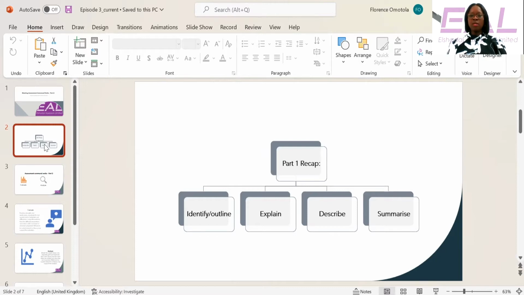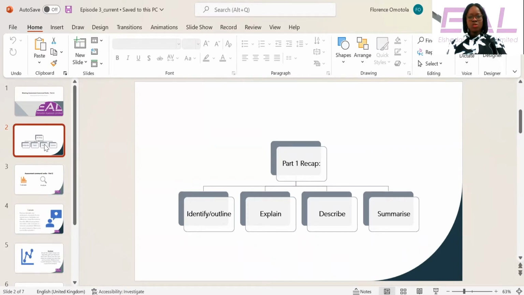We talked about identify, which you can use in the form that you present your answer in your written assignment, the same form when the question asks you to outline. When you're identifying, you are recognizing the main point of any subject that is given to you accurately and providing a little bit of description.